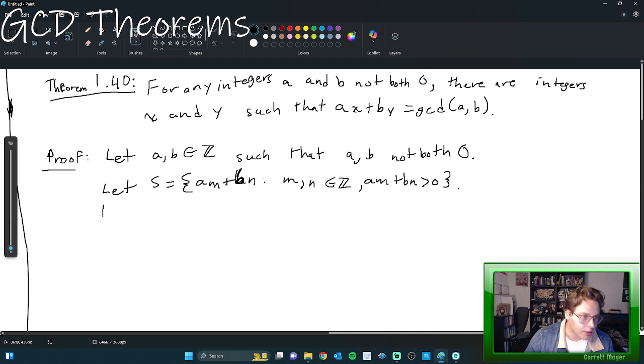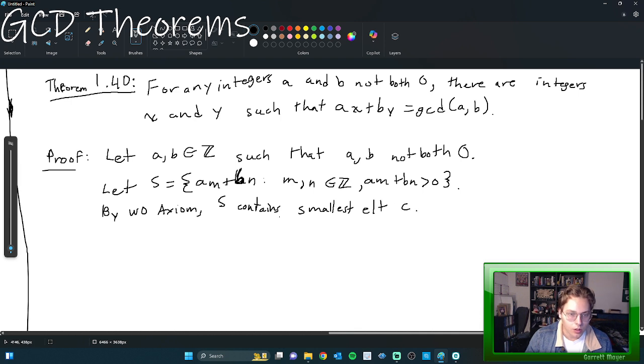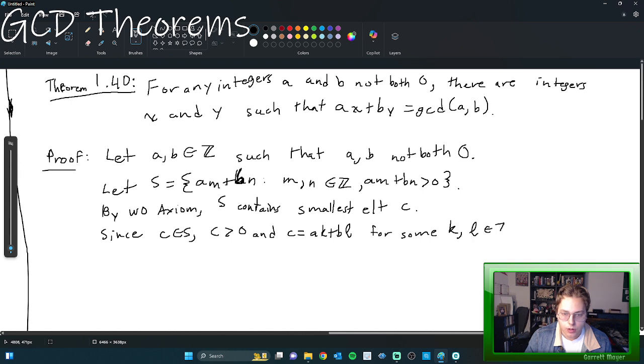And by the well-ordering axiom, S contains a smallest element C. Since C is in S, C is greater than 0, and C equals AK plus BL for some K and L integers.